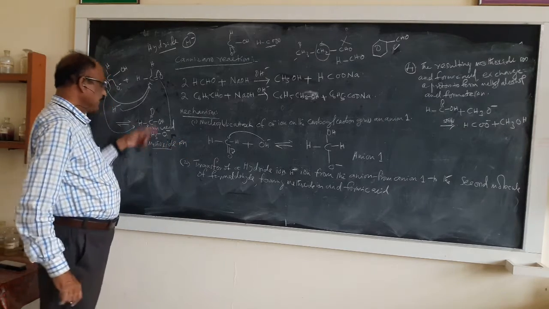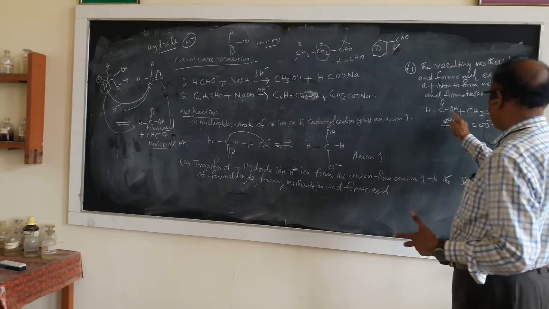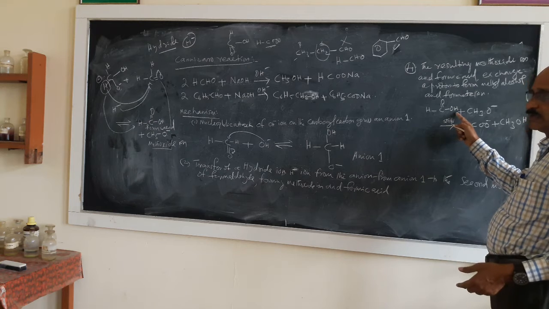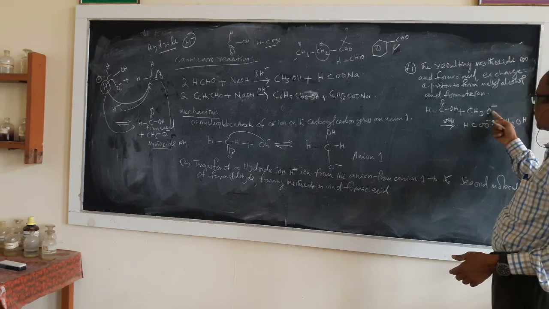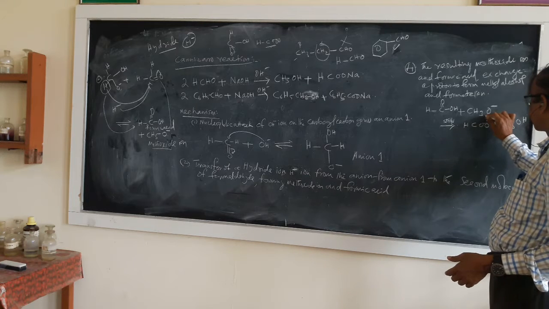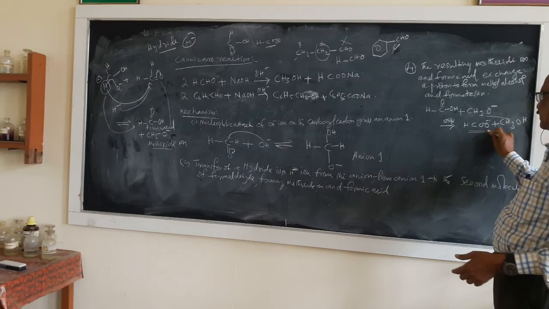Again, in the third step, there will be some exchange of proton. That means from the formic acid, this is an acid which ionizes, the H plus ion will come to CH3O minus. That is, this will change into CH3OH, a primary alcohol, and this will be the acid part.